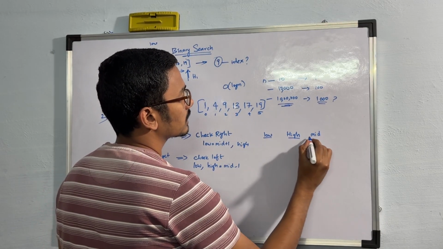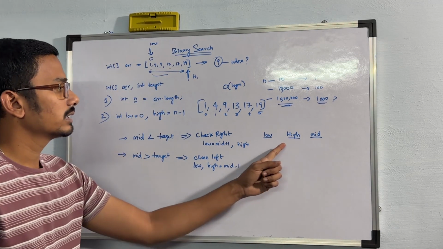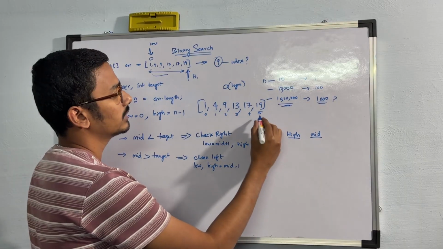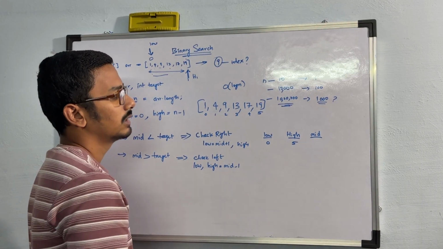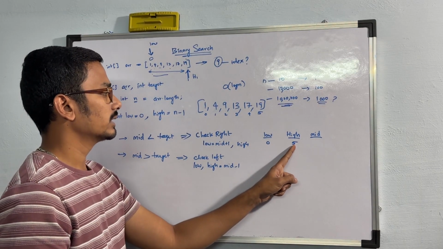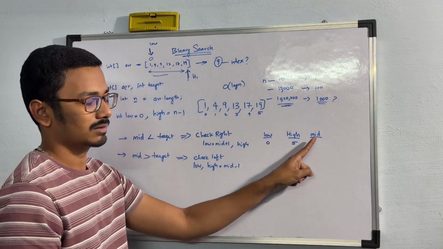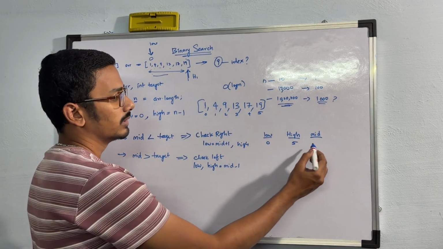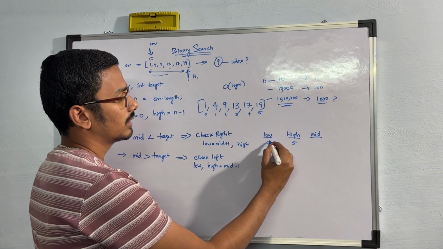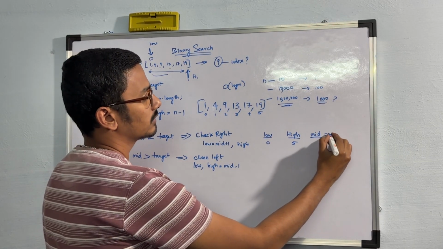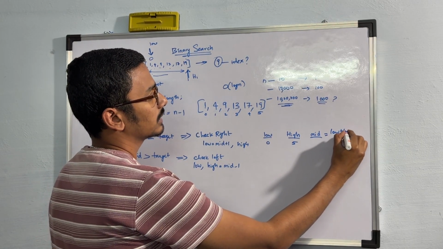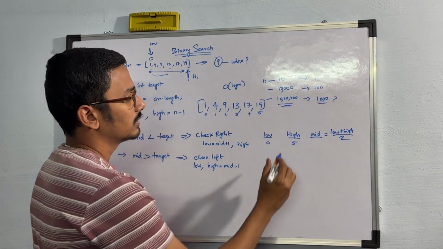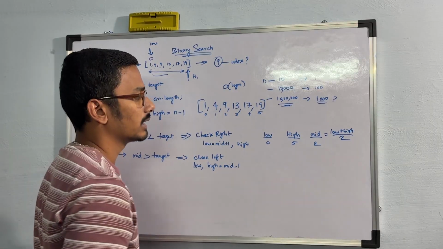Initially we'll be setting low to 0 and high will be the highest index, 5. Mid is the average of low and high, so I'll be calculating mid, which is equal to (low plus high) by 2, that is 0 plus 5 by 2. So now the mid will be 2 at starting.